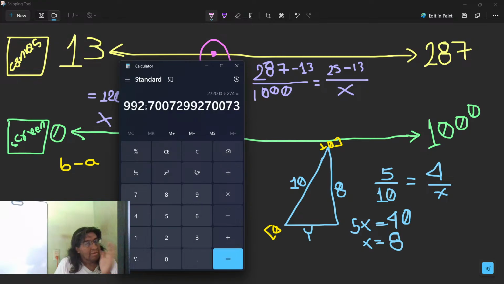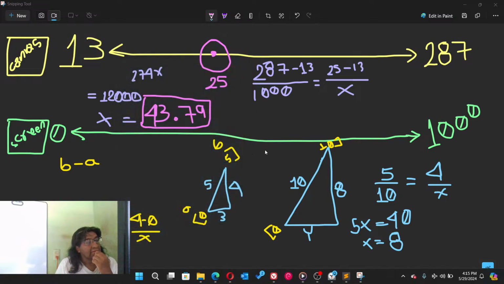And we are arriving to 1000. So this is the answer. This is our equivalence.